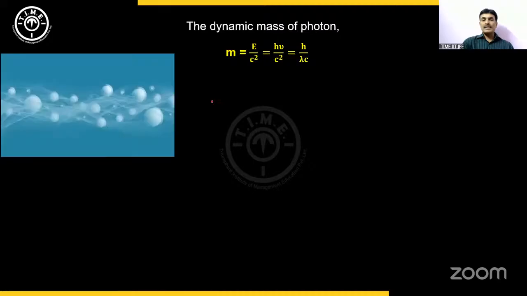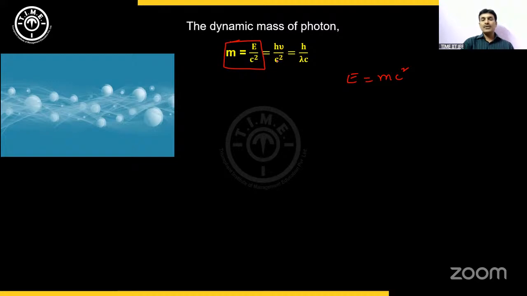Okay. Now, the dynamic mass of a photon is given by, from the relation E equal to mc squared. We have E is equal to mc squared. From that, m is E by c squared, right? And E is h nu, so h nu by c squared.